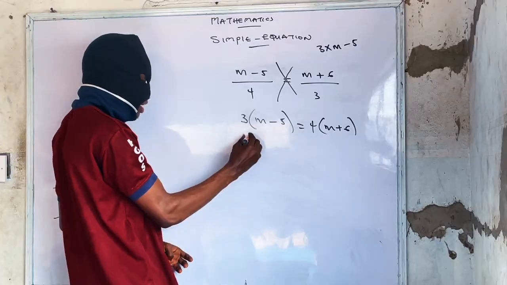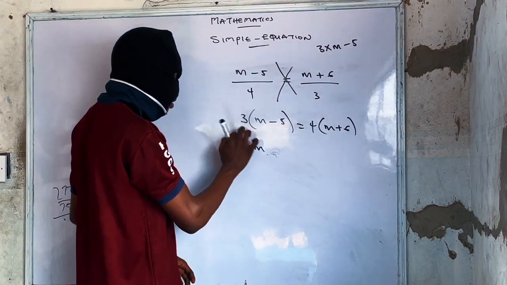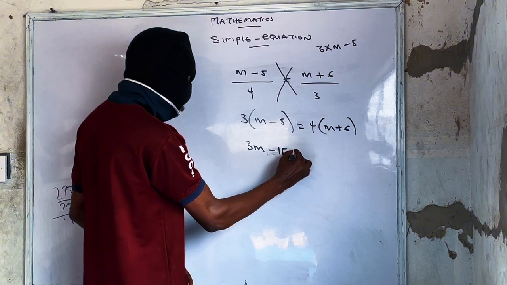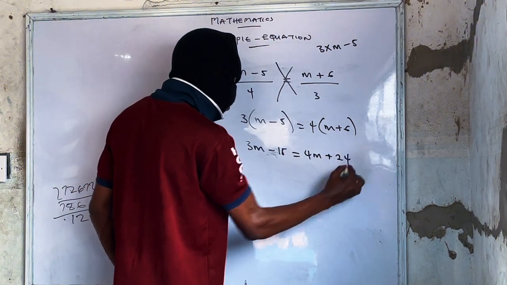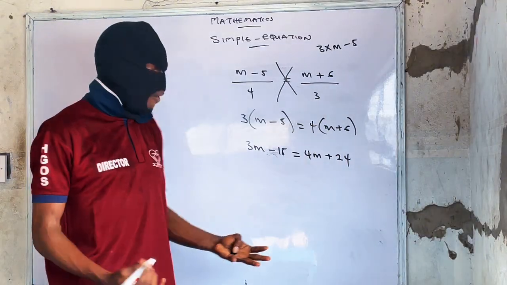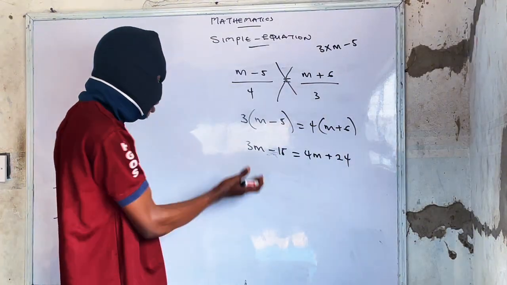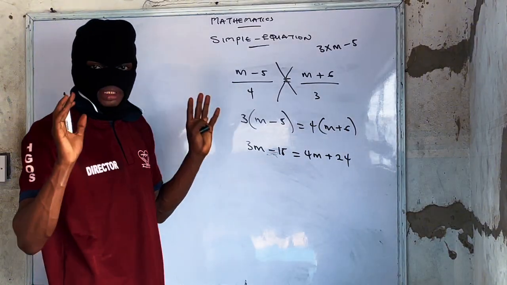Now 3 times m will give you 3m, then minus 15 equals 4m plus 24. 4 times m is 4m. 4 times 6 will give you 24. Now you are collecting like terms. You cannot subtract or add them directly, because they are different.